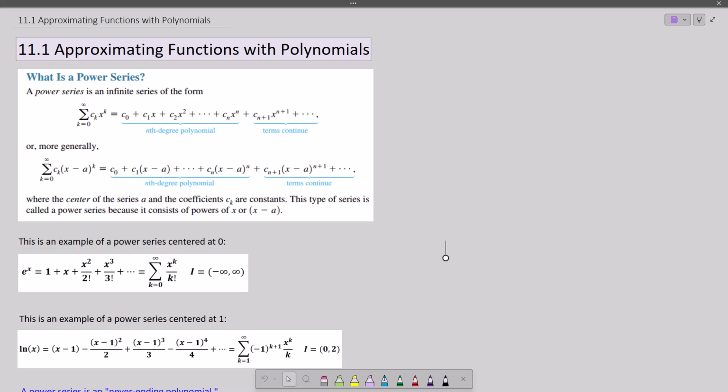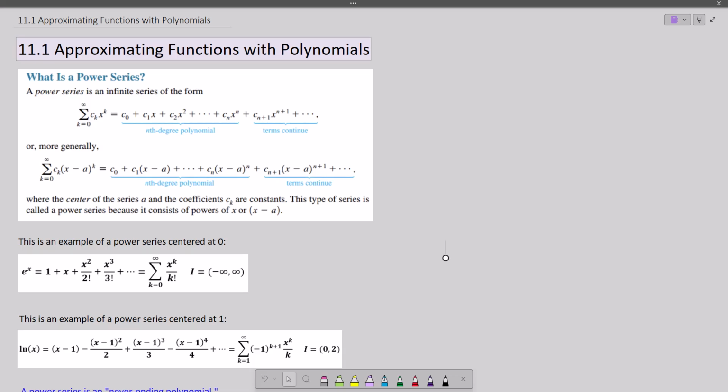A lot of times when we write our polynomials, we like to write them in descending powers, x squared plus x plus 1. Power series, we do the exact opposite because the powers never end. So we have the constant, and then the linear term, and then the quadratic term, and then the cubic term, and so on, forever.